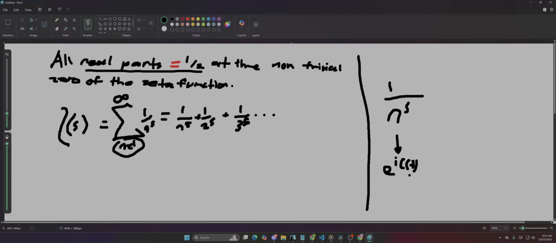He just figured out that e to the i theta is just a rotation on the circle. That's what he figured out, and that's what n to the power of s implies, I think. So yeah, that's what I know so far.